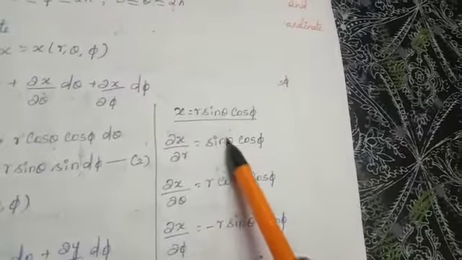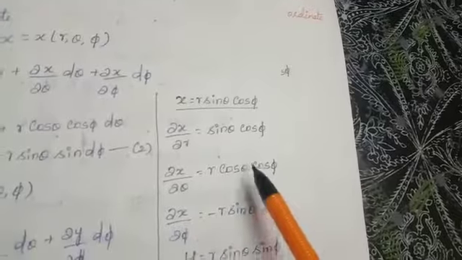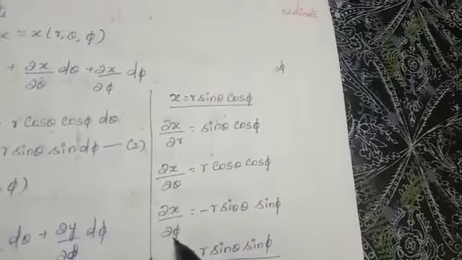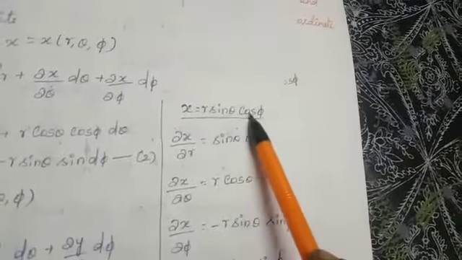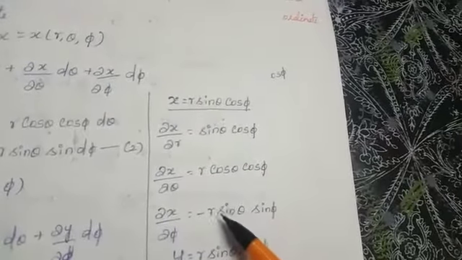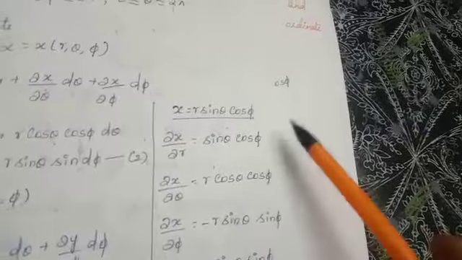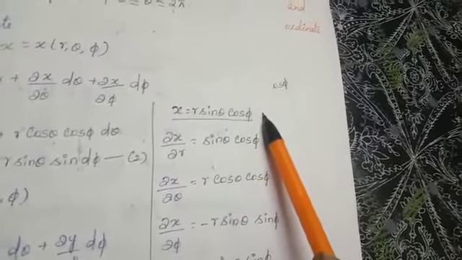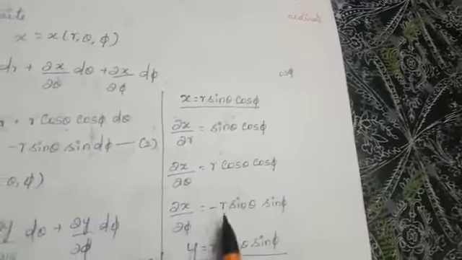If you differentiate sin theta, it becomes cos theta. Then dou x by dou pi: here r sin theta is constant, keeping r sin theta, then if you differentiate cos pi, it becomes minus sin pi.